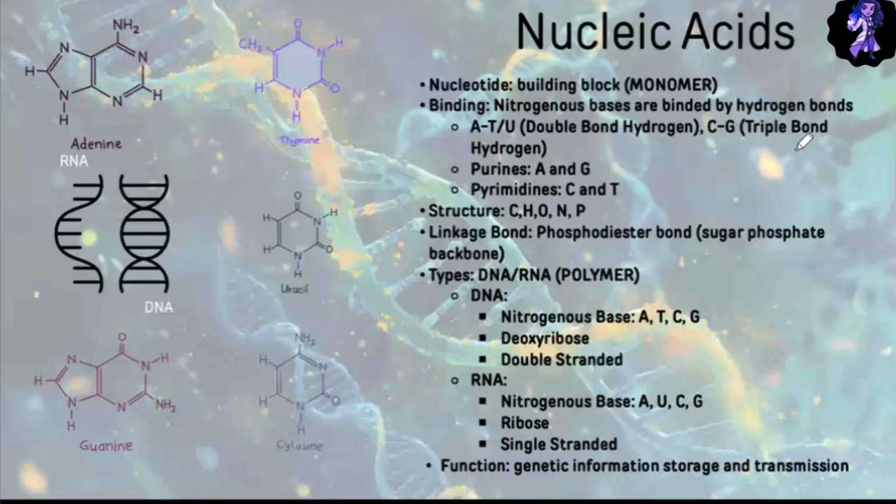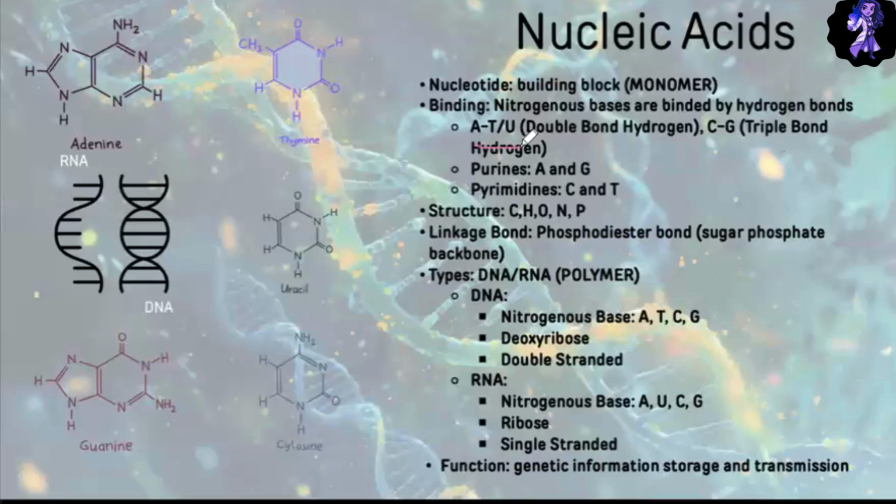On the backbone, the linkage between the different nucleotides that make up DNA and RNA, forming the polymer, is going to be the phosphodiester bond. So don't forget the difference between the bonds, because this is a common misconception.